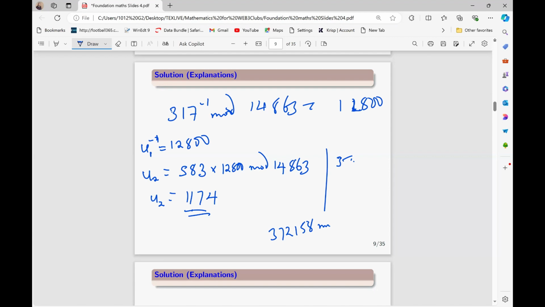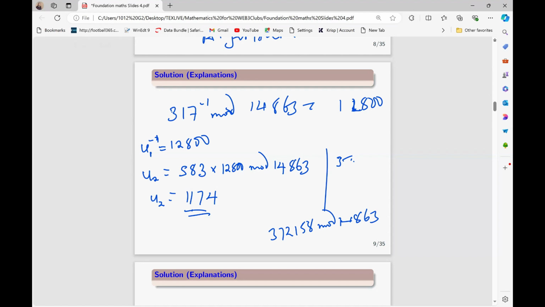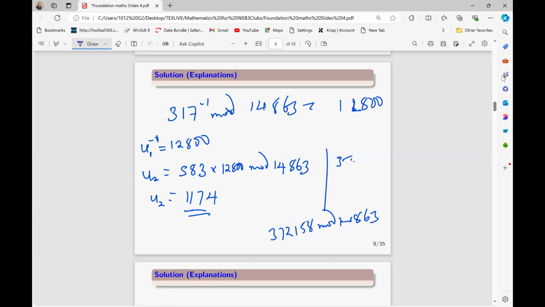And we are doing it mod 14,863. So when you do this mod 14,863, it goes there 25 times, and the remainder is X, which is 583. So we don't want to give him that. We want to conceal that information.